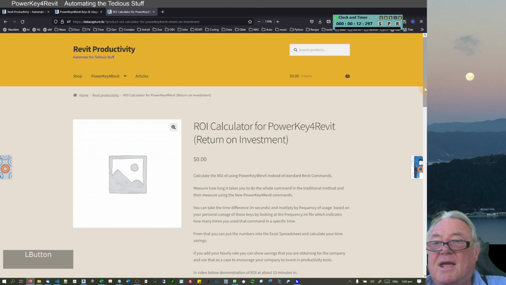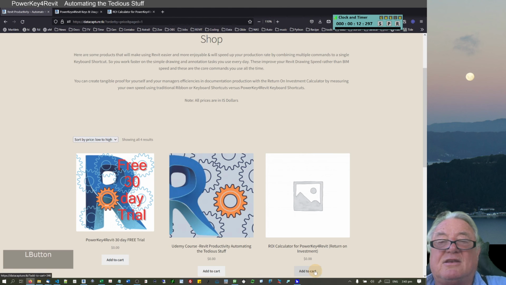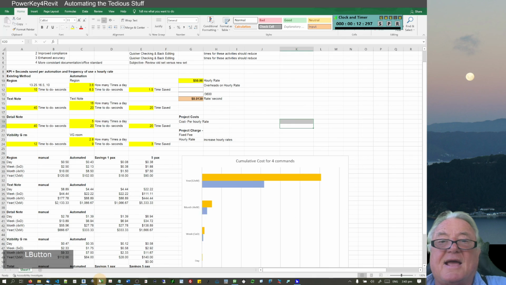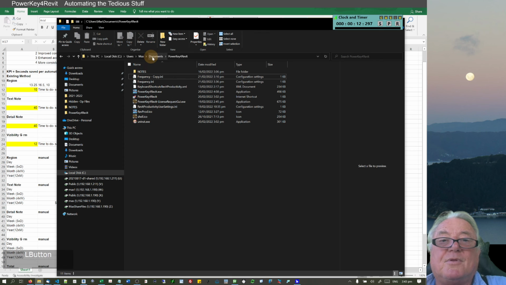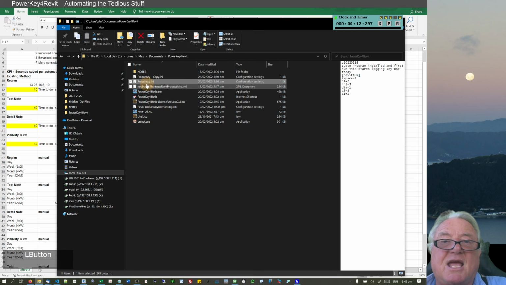In the ROI one through here, if you just go and add to cart, you will download this Excel file. As I said before, if you go into your documents and PowerKey4Revit, where you've got your download, you will find your Frequency.ini file.